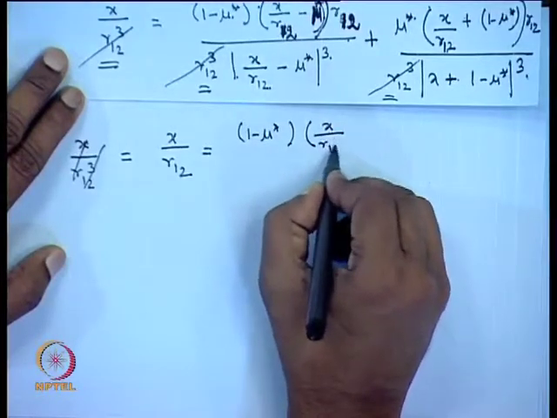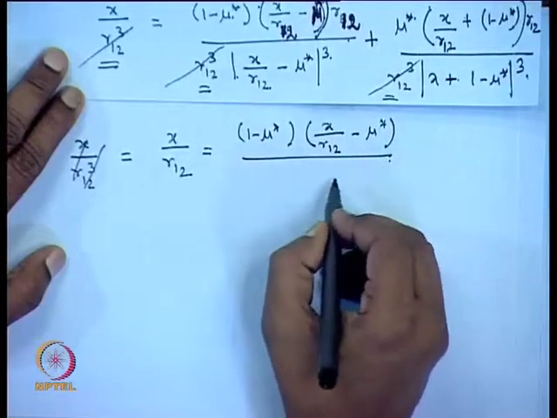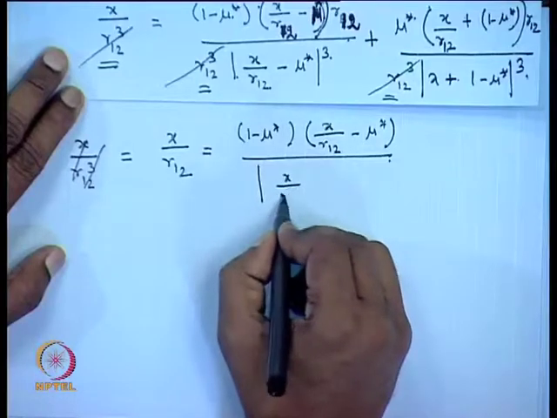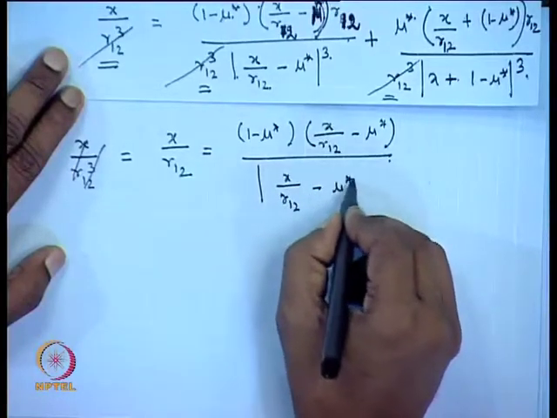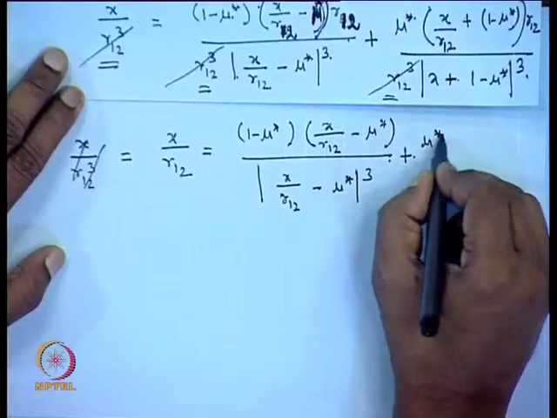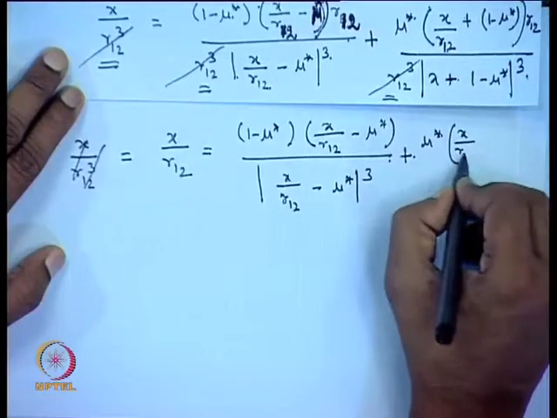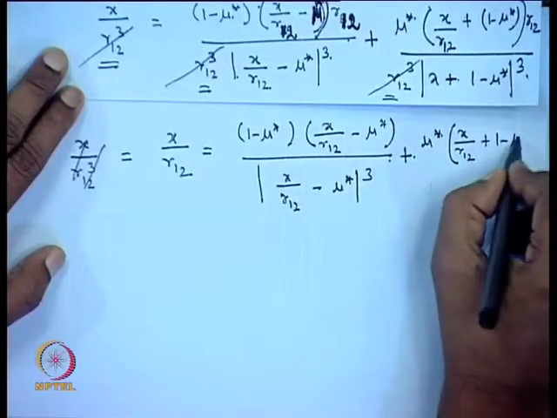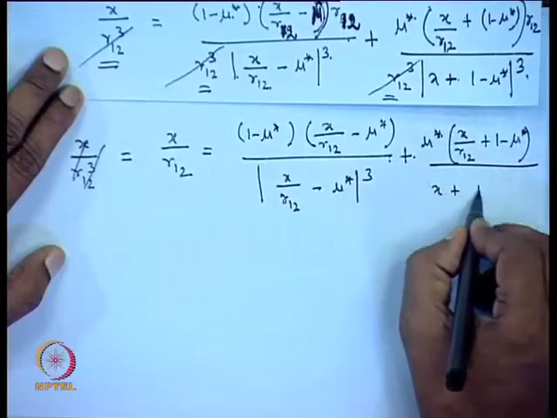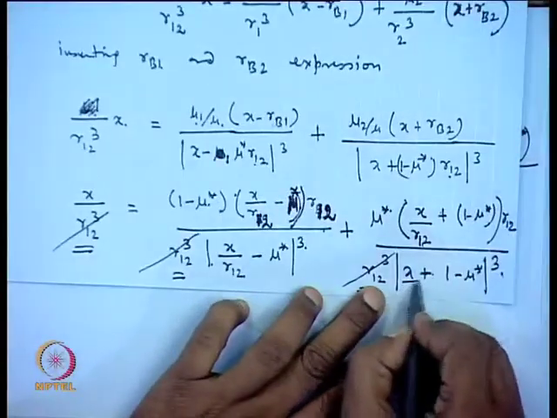x by r 1 2 minus mu star divided by x by r 1 2 minus mu star whole cube plus mu star times x by r 1 2 plus 1 minus mu star, here we are missing 1 by r 1 2.